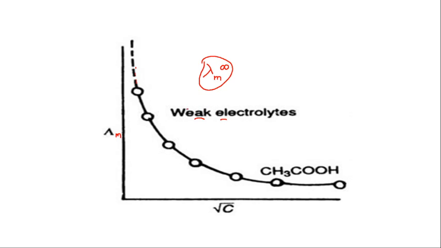For strong electrolytes, you can extrapolate the line because you get straight line curves there, and you can find out lambda infinity. For weak electrolytes, we cannot find it using the curves. So, for weak electrolytes, we make use of Kohlrausch's law.